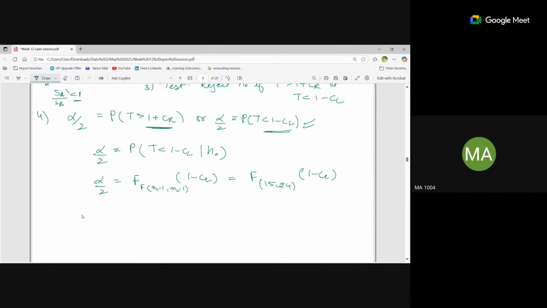Now what is alpha? 0.05. So 0.05 divided by 2 equals F 15 comma 24 of 1 minus CL. So first you have to calculate the value of 1 minus CL, which equals F inverse of 0.025. Correct?